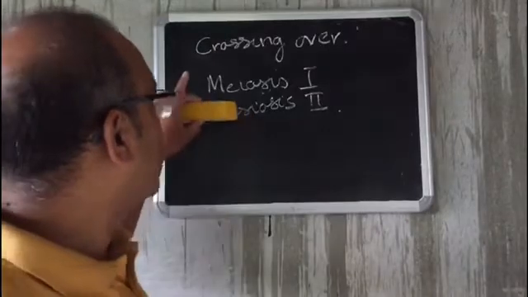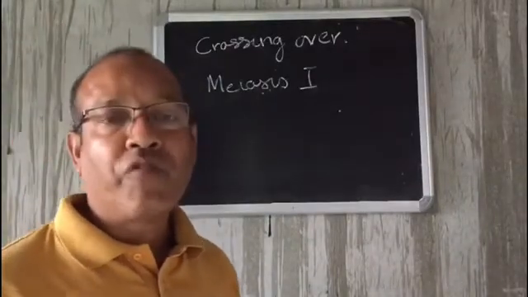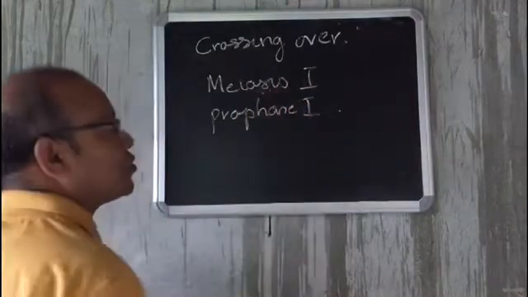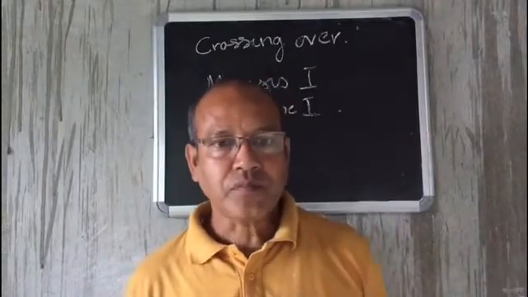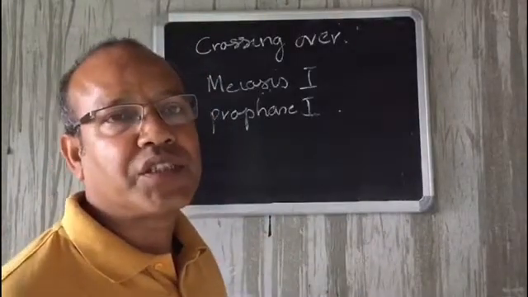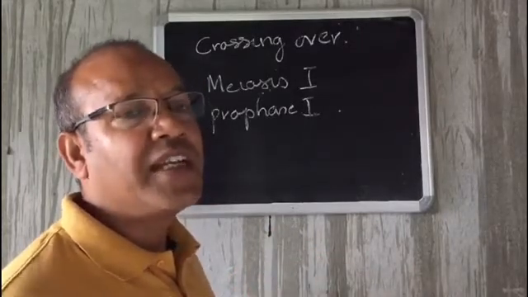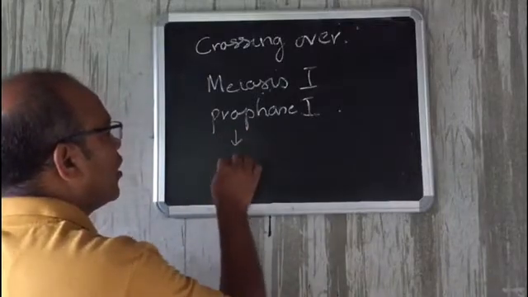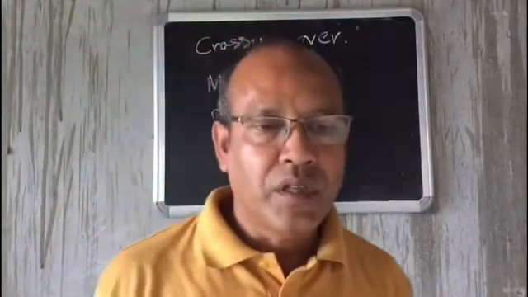So we are limiting our discussion to meiosis 1 and especially to the prophase of meiosis 1, prophase 1, because it belongs to meiosis 1. Prophase 1 has been divided into a number of stages: leptotene, zygotene, pachytene, diplotene and diakinesis. Here we are talking about prophase 1 and particularly the pachytene substage.